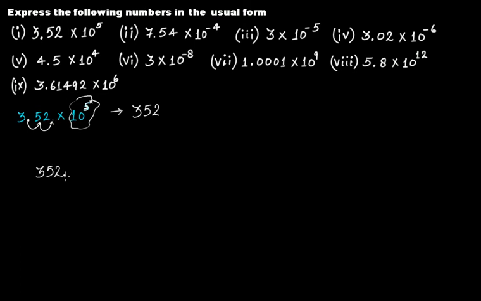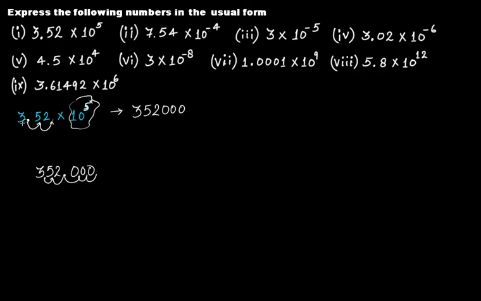You don't have any other digits in this number, so write 3 more zeros and then move it 1, 2 and 3. So first movement, then second, then third, then fourth and fifth. So 2 digits here and 1, 2 and 3, right? So this is 3,52,000, the usual form of this number.